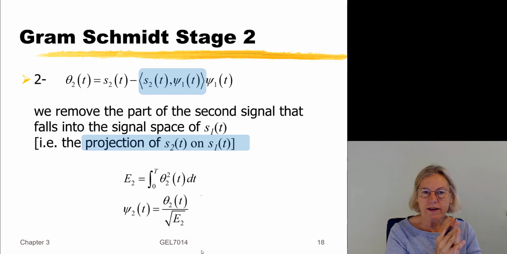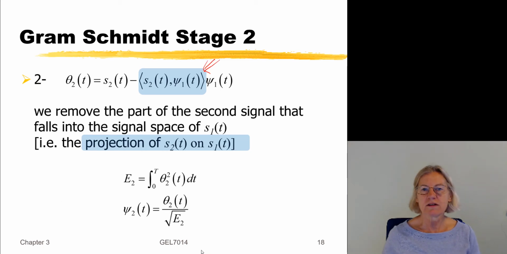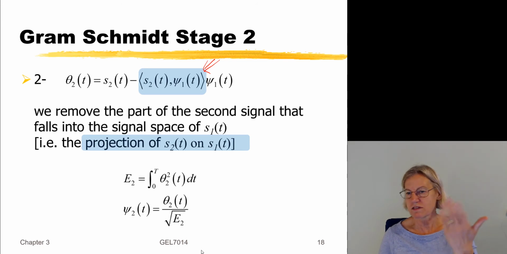C1 is the first basis vector, and this inner product that we see here, if you recall from your geometric interpretation, is a projection of one vector onto another. So now we're looking at the projection of S2 on C1. Of course, C1 is just symbol 1, because that's how I chose it.